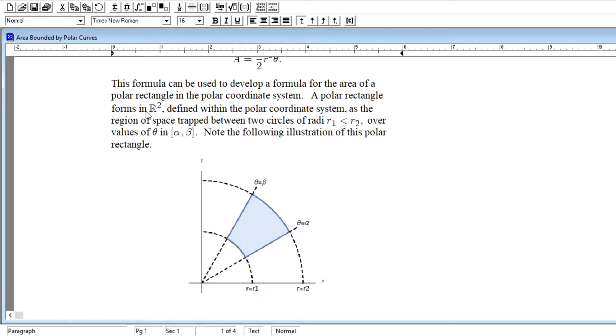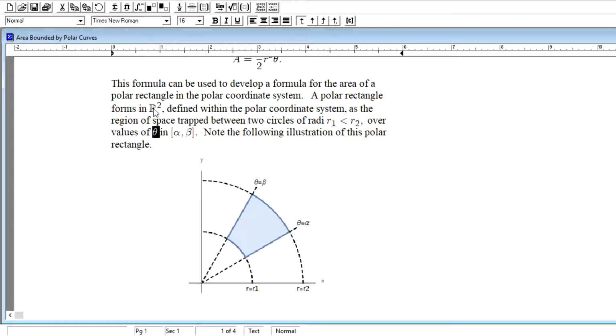It forms in two-dimensional space within this region of space, trapped between two circles of radius r1 and r2, where r1 is less than r2, over values of theta in some interval from alpha to beta.